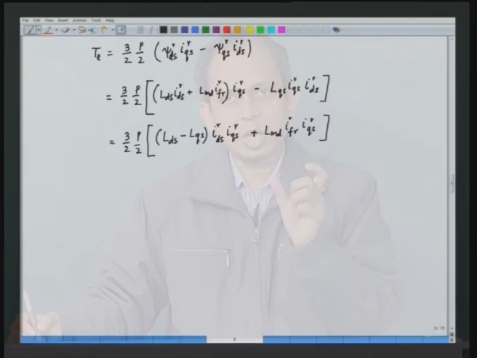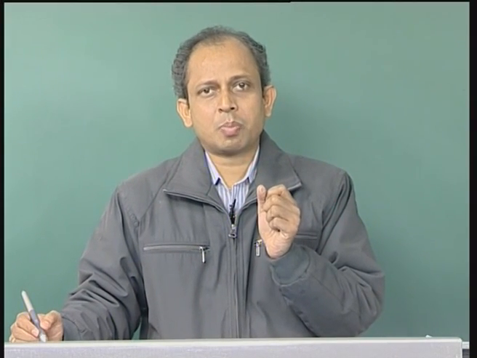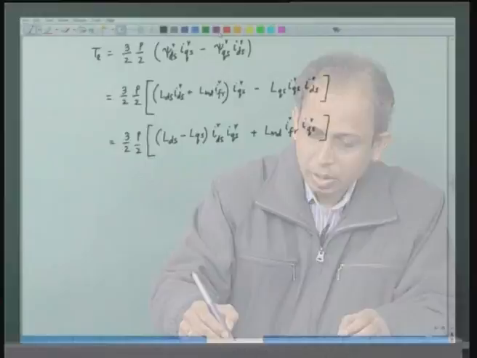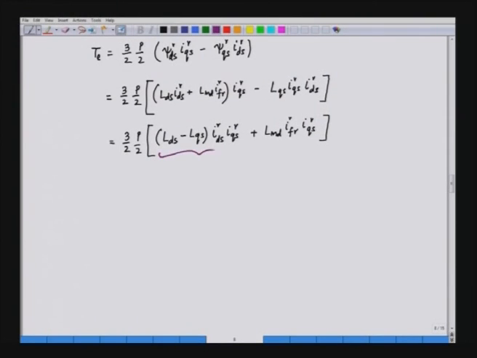Now, we see that the first part here is proportional to I q s and I d s, no doubt, but it is also proportional to L d s minus L q s. The first part of the right hand side of this equation is called the reluctance torque, because it is present due to the reluctance variation in the d axis and q axis.